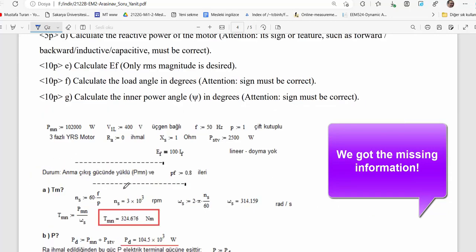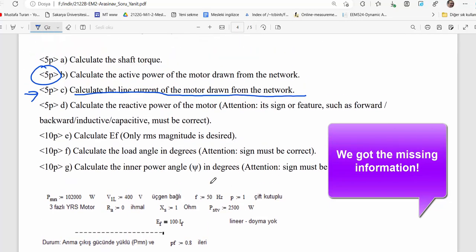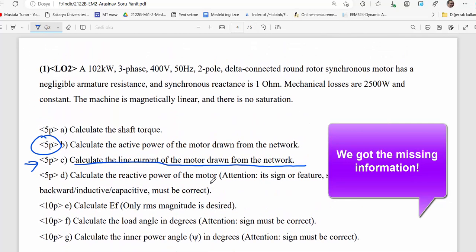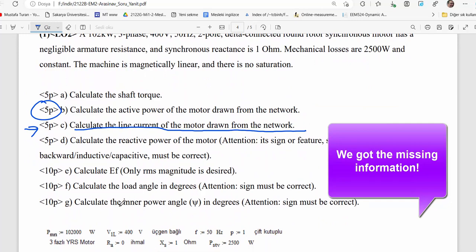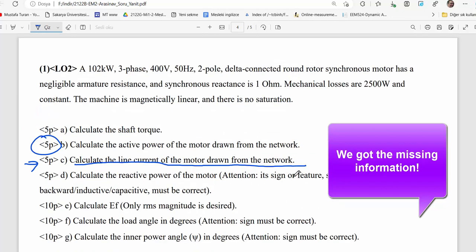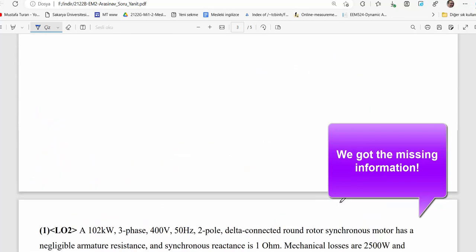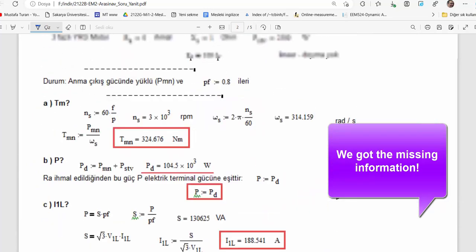There's something missed, I think, in the English version. I have prepared this version just before the lecture today. Power factor cannot be seen here. Let's turn back to the Turkish version.